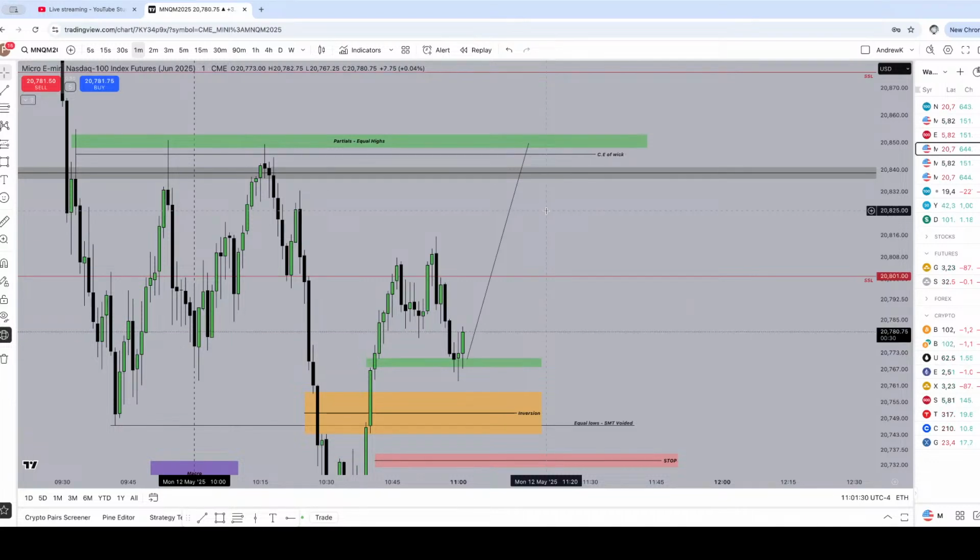So once we reach that liquidity up there, that'll be it for me. Granted, it goes there, but that's what I'm looking for. It's good studies. Good studies.